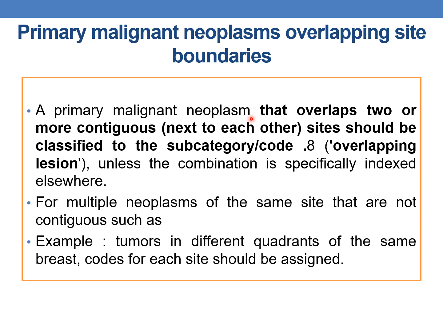For multiple neoplasms of the same site that are not contiguous, such as tumors in different quadrants of the same breast, you need to code each quadrant when there is a specific code.